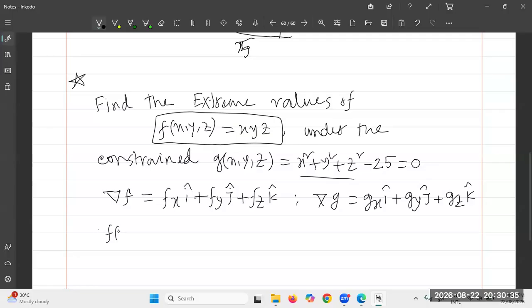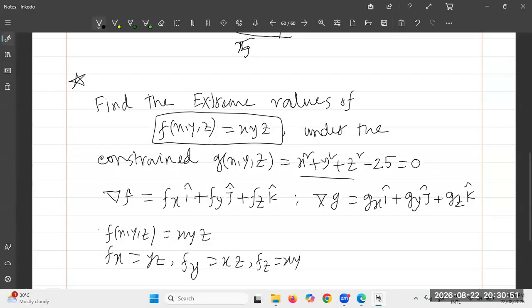Okay, so since our function f of x comma y comma z is xyz, fx is just y times z, fy is x times z, fz is x times y, and gx is twice x, gy is twice y, and gz is also 2z.